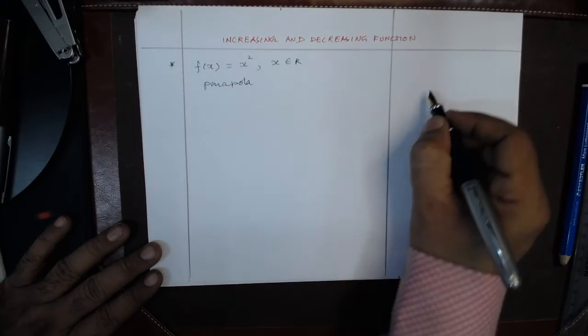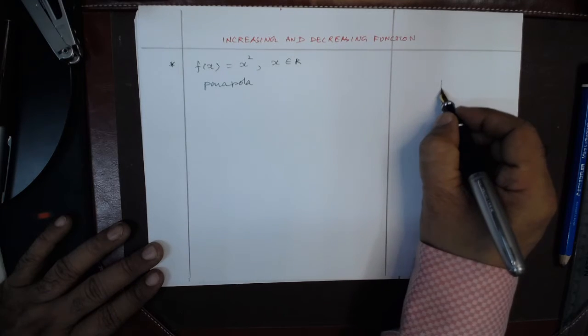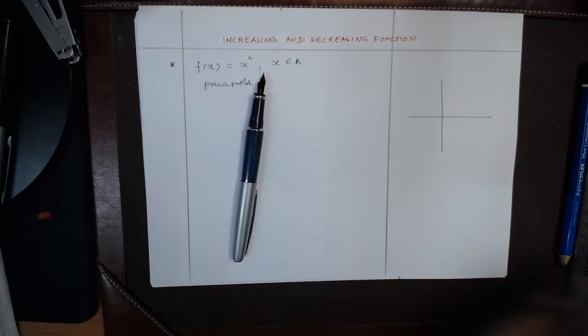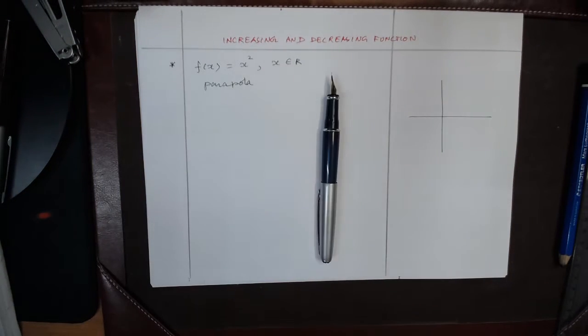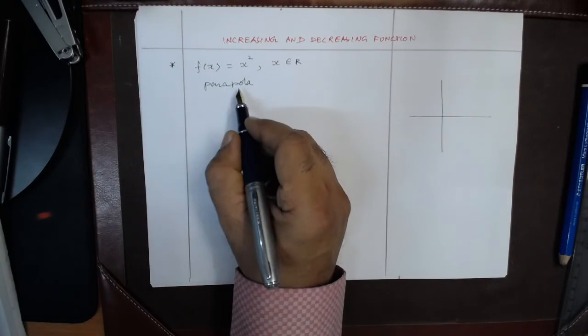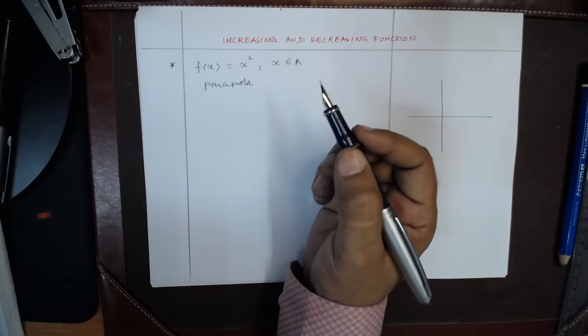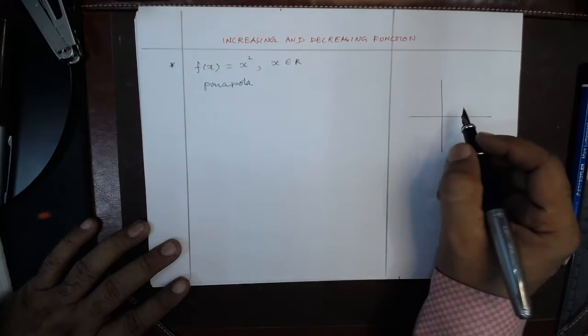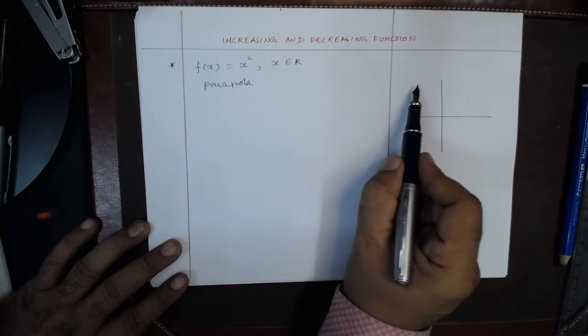Here, let us consider the y-axis and x-axis. So f of x is equal to x squared means it's a parabola. This can be represented by a graph like this.